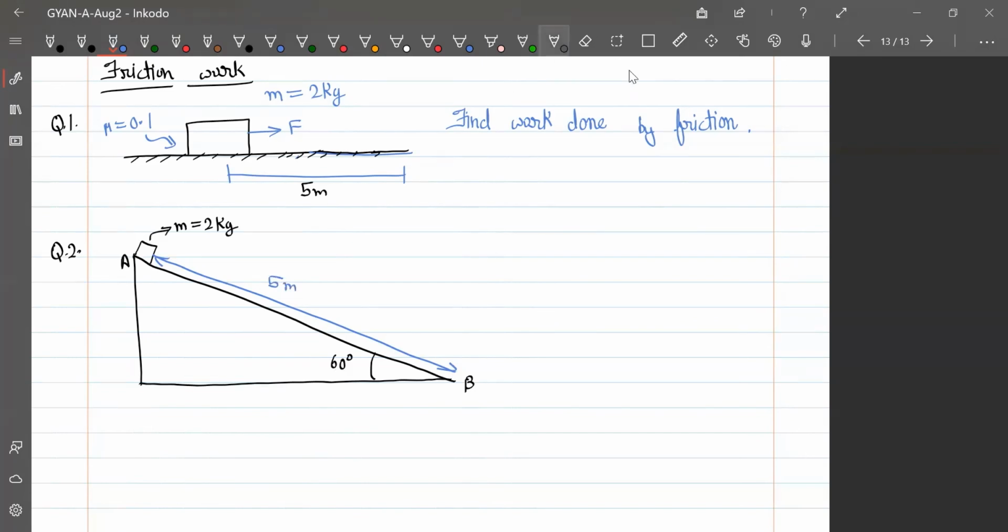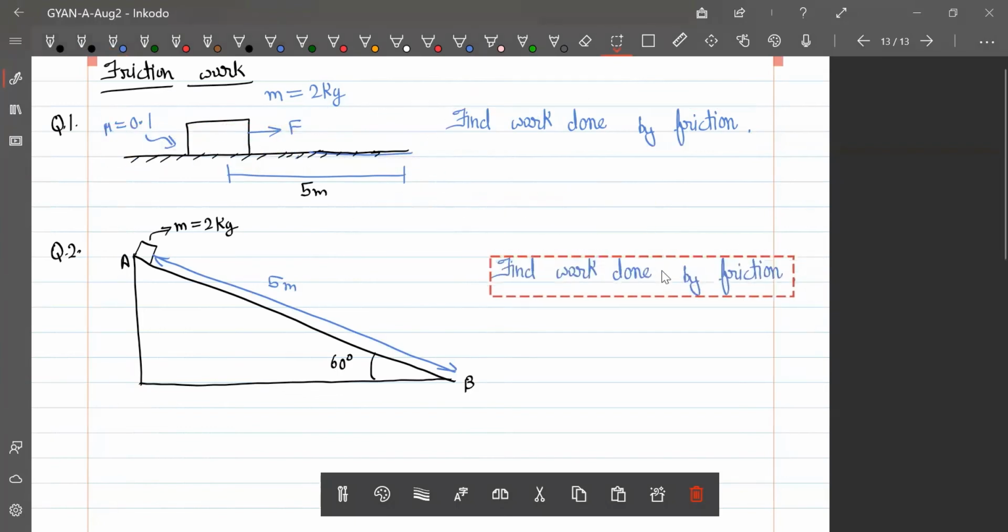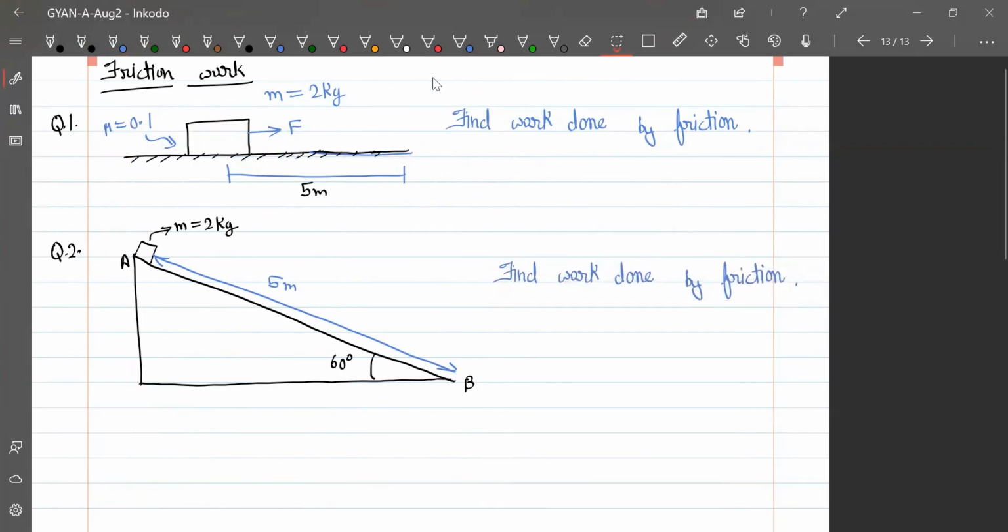Following cases you have to find work done by friction only. Some force is causing the displacement, you don't need to worry about that.